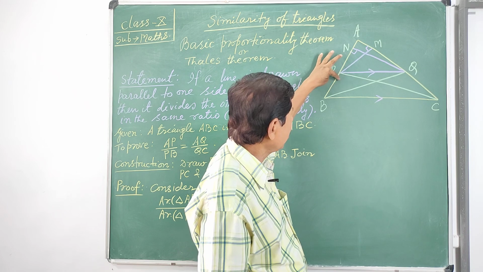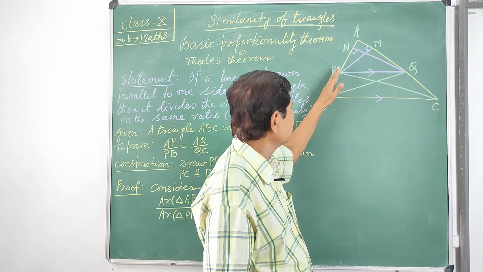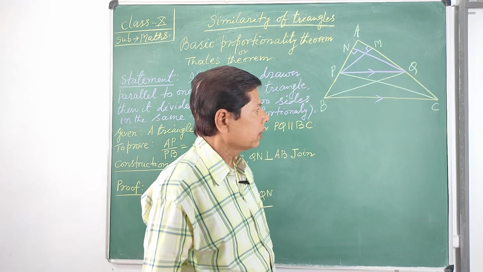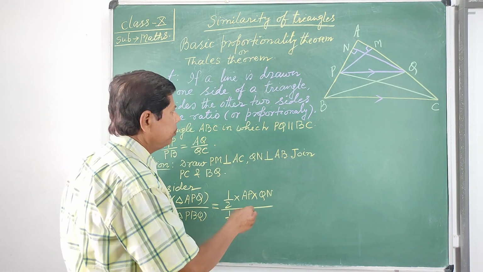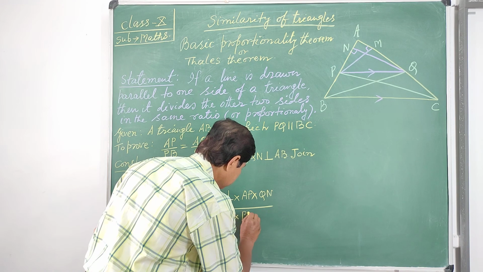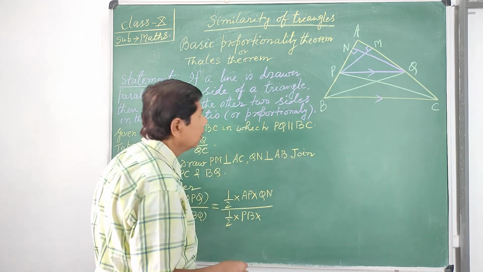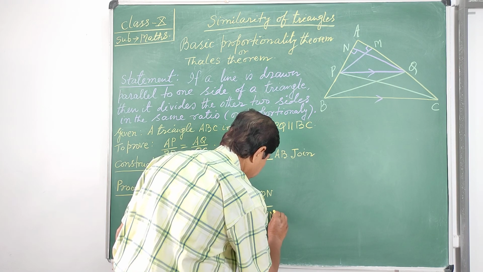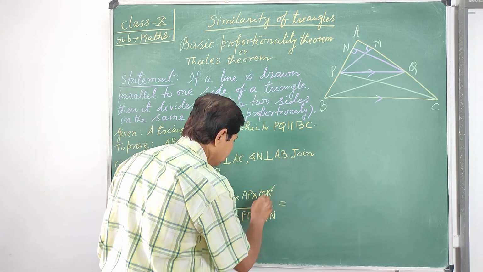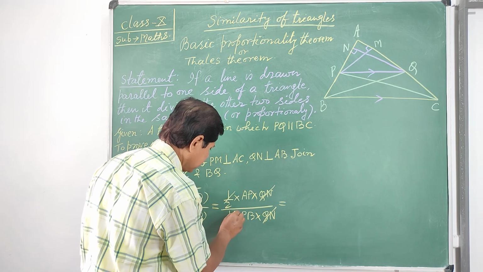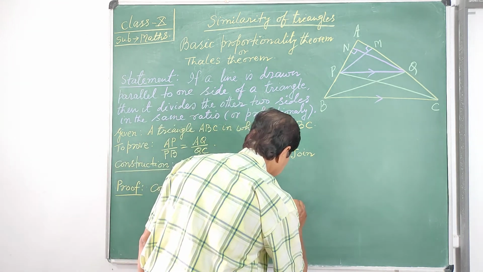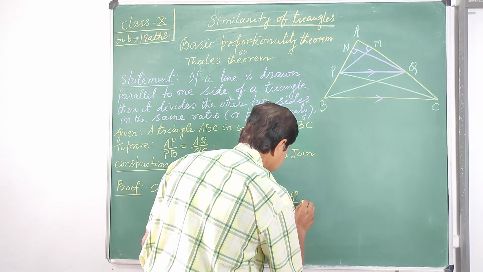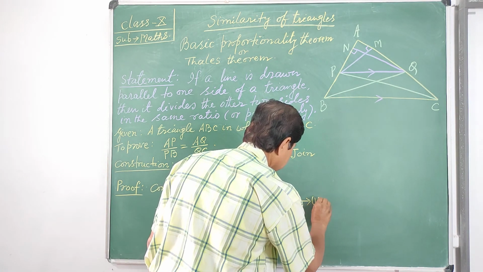Although this is an obtuse angle, we have to produce that side PB to draw the perpendicular from the opposite vertex Q. So QN gets cancelled, half gets cancelled, and the ratio is AP by PB. This is equation number 1.